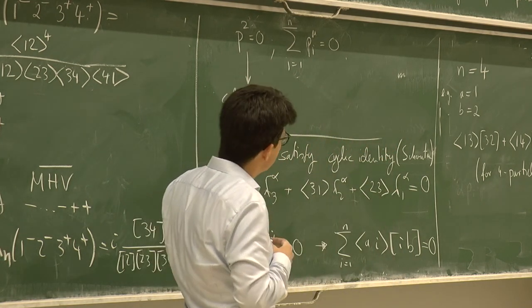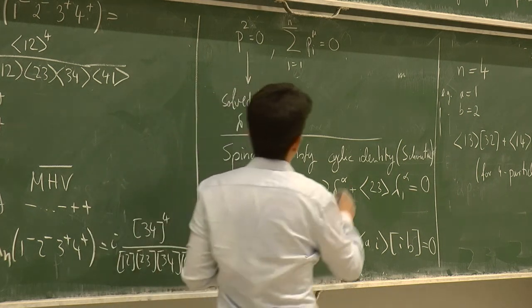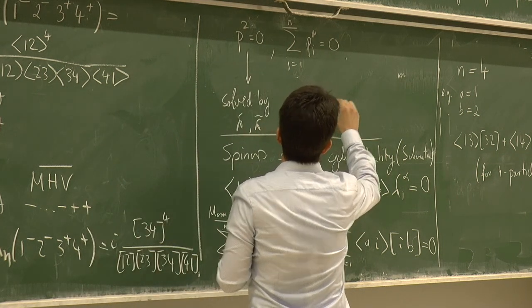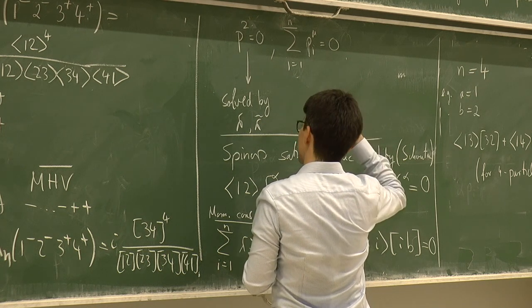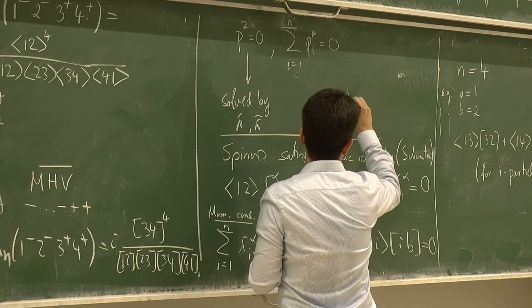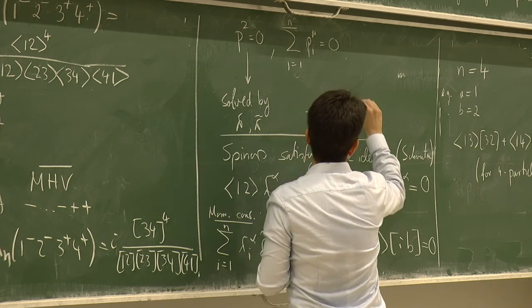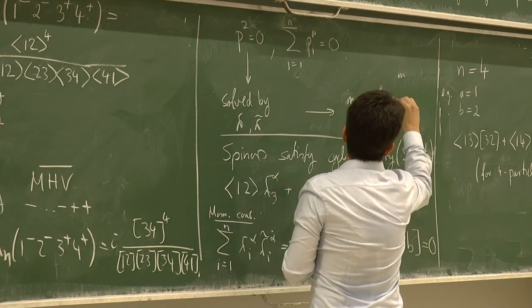Now there actually exists another set of variables which is a refinement of this, if you wish. You can go from these lambdas to so-called twistor variables, and in particular there are so-called momentum twistors.